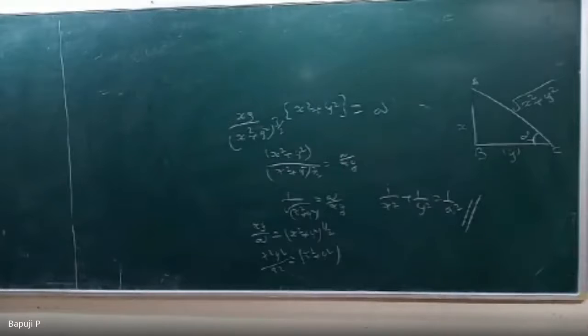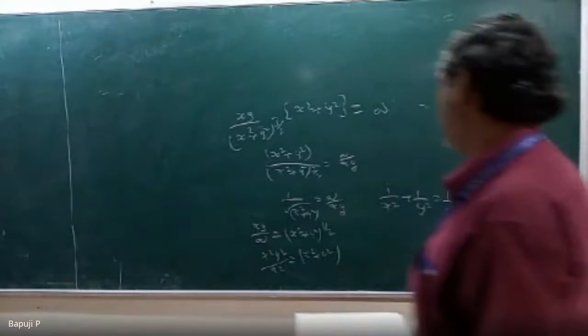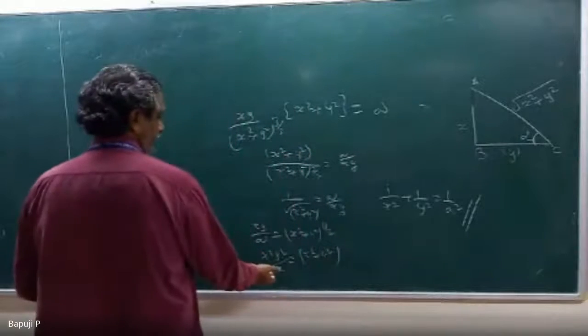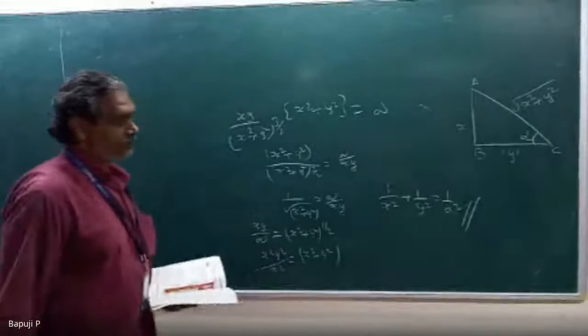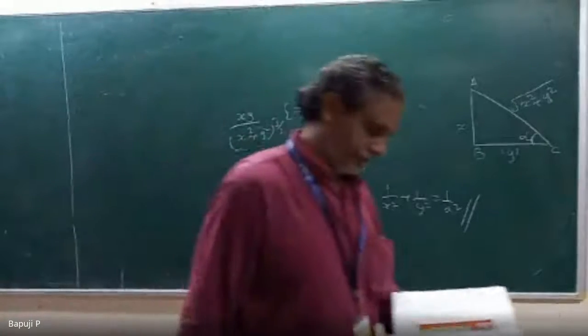Correct or not? Check where we went wrong. Yes, correct. And this gives x square y square equal to a square and x square plus y square. Just the formula I am marching towards.